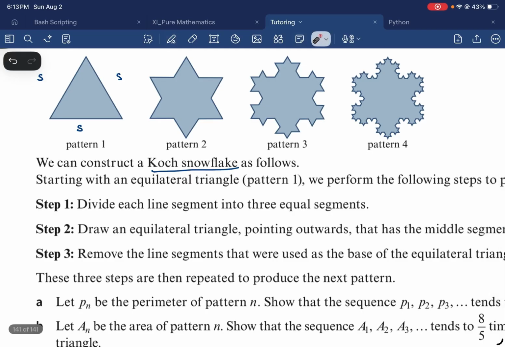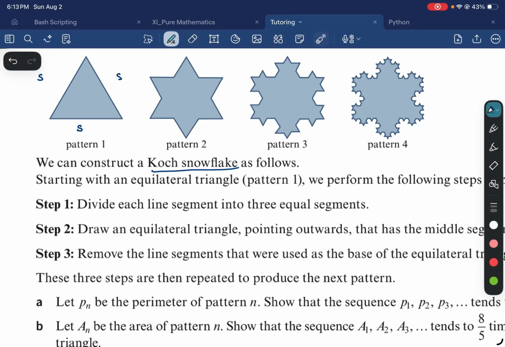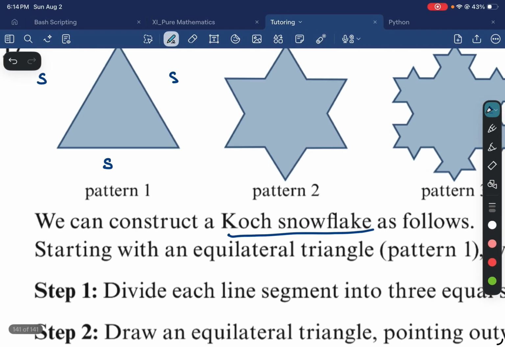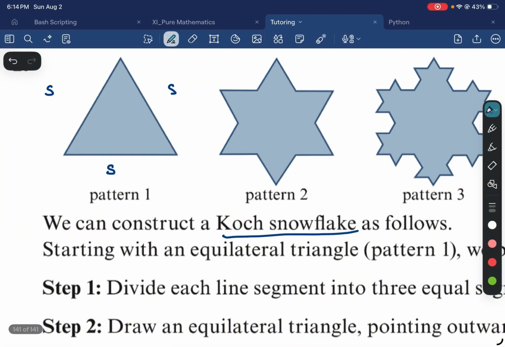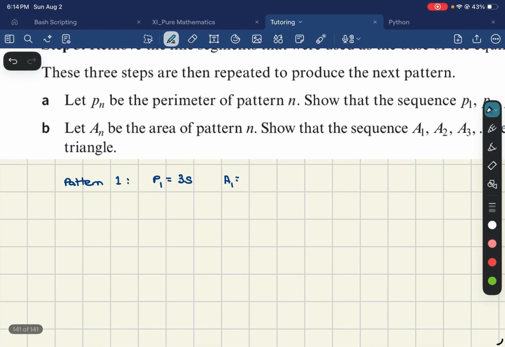Well, there are a lot of ways to do this, right? But basically, here's what we can do. This angle is going to be 60 degrees because it is equilateral. So this is going to be H, right? So let me draw that here.